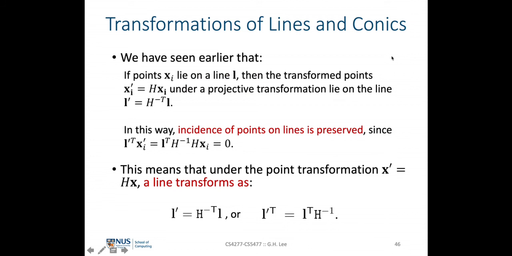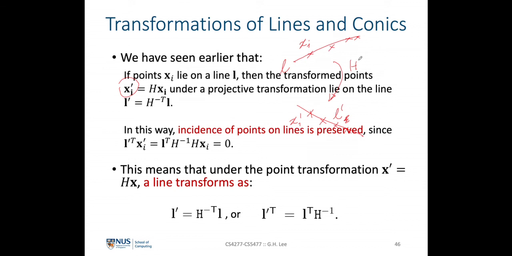So we have seen earlier that if a point xi lies on a line, then the transformed point xi prime would be equal to H multiplied by xi under a projective transformation. After the projective transformation, all these points which I denote generally as xi that lie on the line L would still be lying on a line, which I denote as L prime, and these points would be xi prime after the homography or the projective transformation.